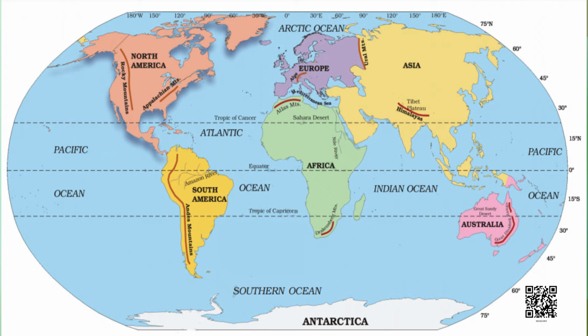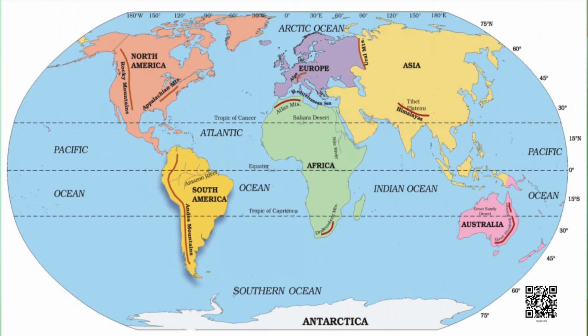Now let's move ahead and talk about South America. South America lies mostly in the southern hemisphere. Which two oceans surround it on the east and the west? Can you find out? The Andes, world's longest mountain range, runs through its length from north to south.